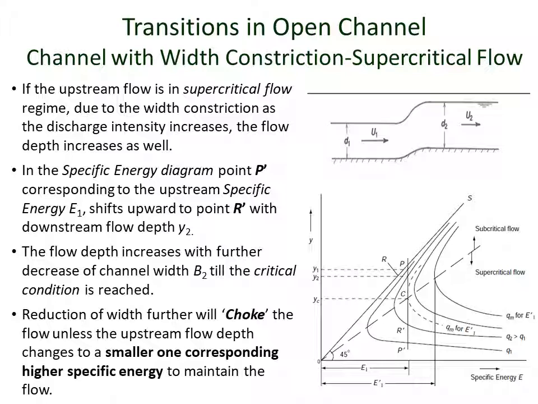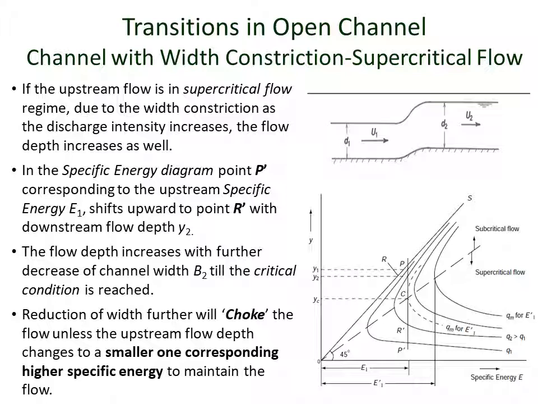And for this supercritical flow, represented by the lower limb of the specific energy diagram, we can see that the point P prime, which corresponds to the specific energy E1, due to change in the discharge intensity, shifts upward to a new point R1 on a different curve, which corresponds to the discharge intensity small q2. So the flow depth here increases, as we can see by the schematic at the top.